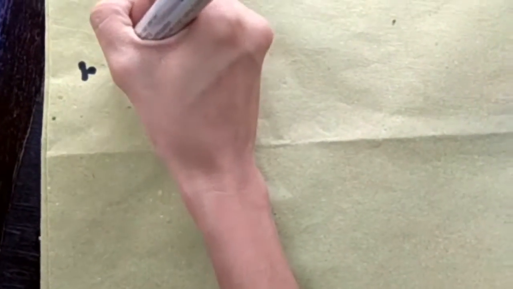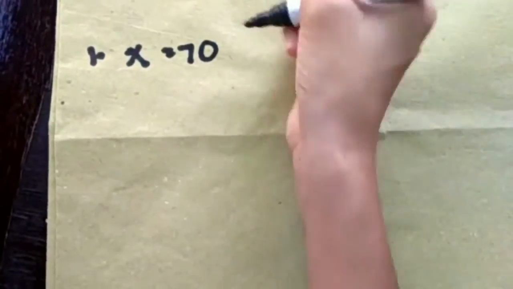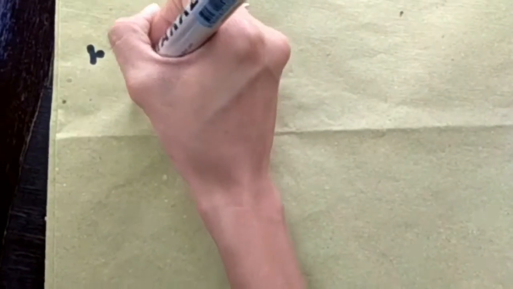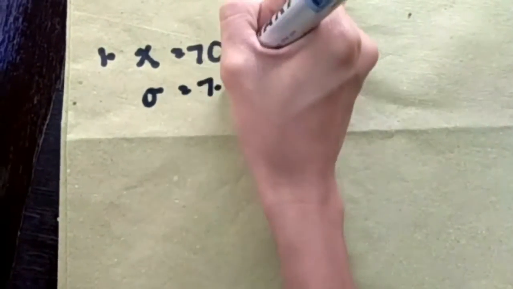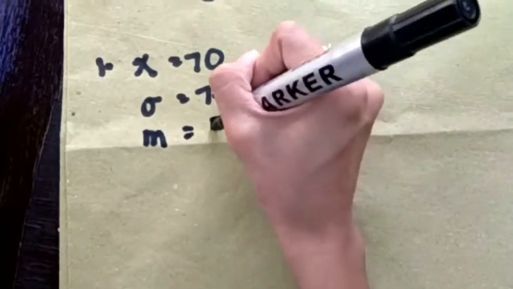A normal distribution has a score of 70, which is the real score, and a standard deviation of 7.5 with a mean of 50.